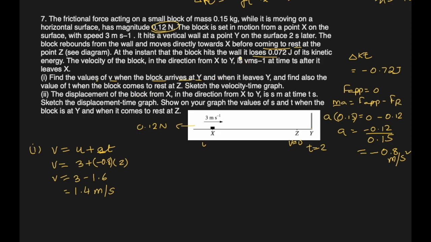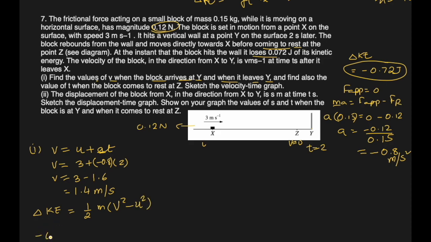Okay, first part done. And when it leaves Y, it loses kinetic energy, right? So we'll use kinetic energy in this part, which is delta KE, which we used in the previous question also, which is half m times final velocity squared minus initial velocity squared.